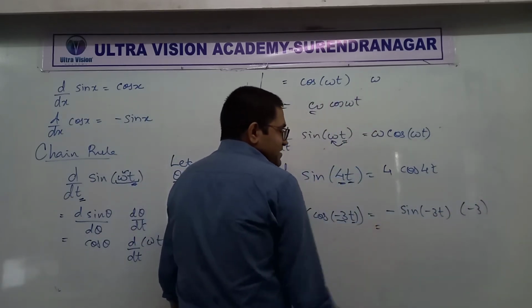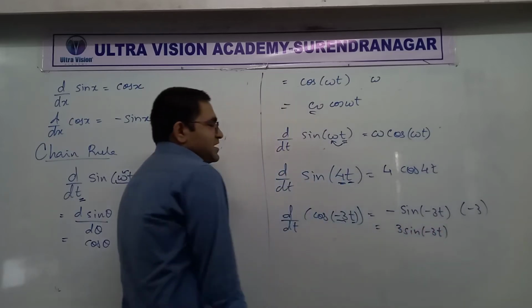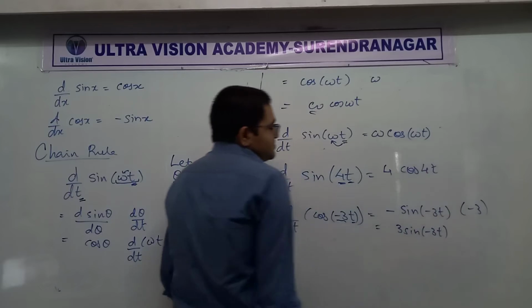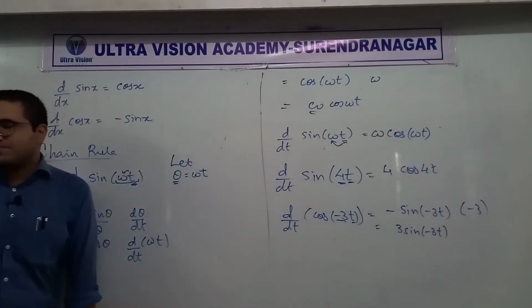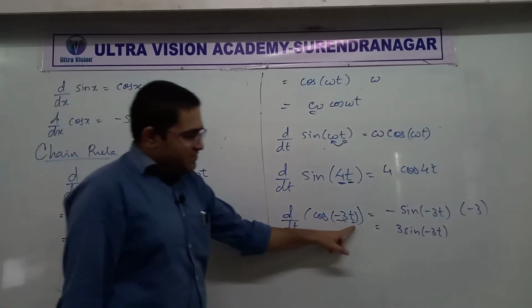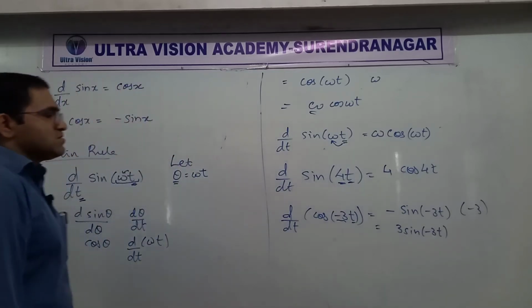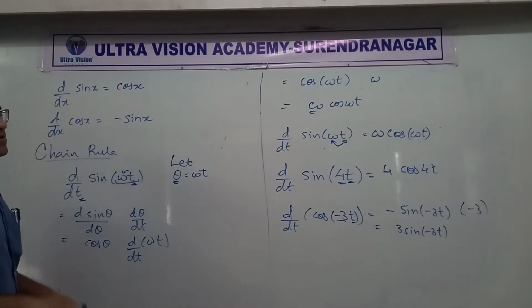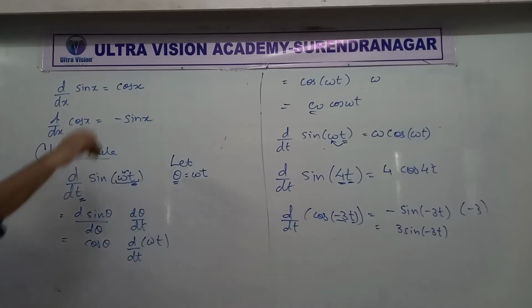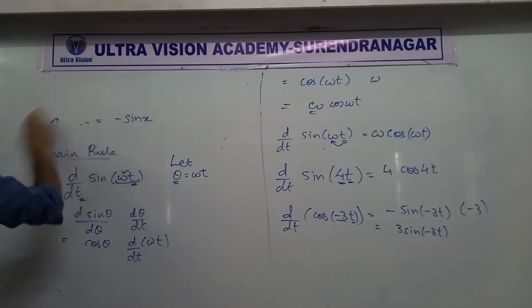So final answer will be 3 sine of minus 3t. Did you understand? Minus plus. Be careful. t is multiplied with minus 3, not with 3. Okay. So this is the basic maths that we need. Right. I'm going to erase everything on the board now.